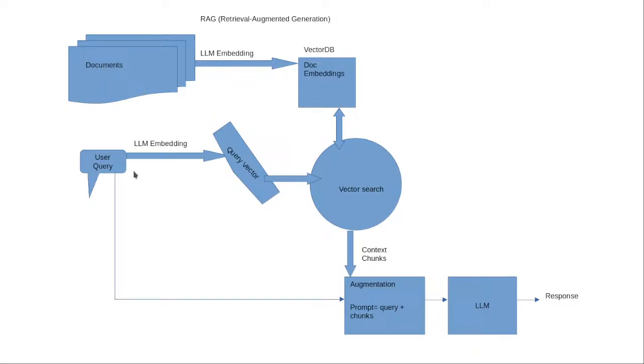So here, the user gives a query. Maybe we can assume it is a chatbot. Vector search is based on embeddings. If you're familiar with NLP, an embedding is the numerical equivalent of some text.